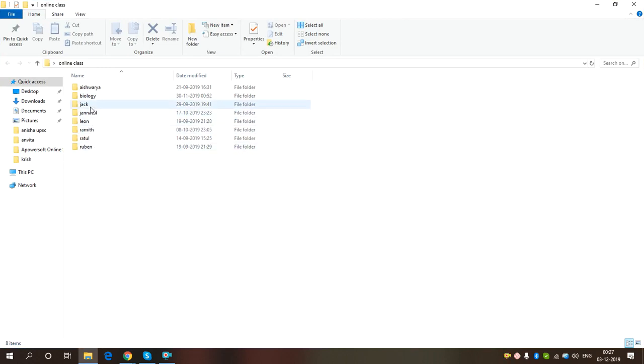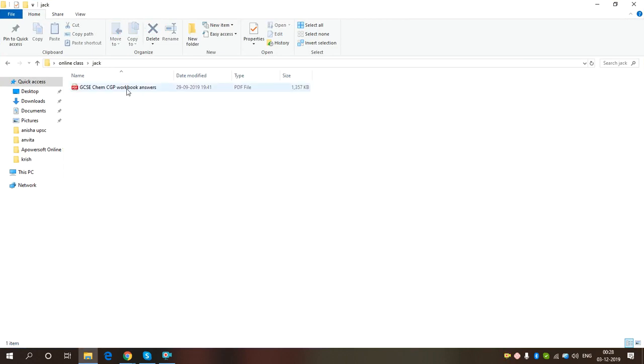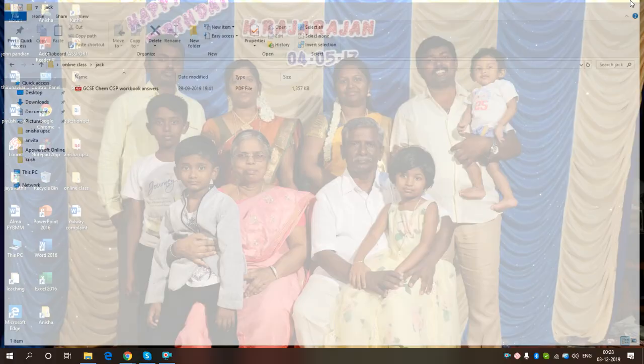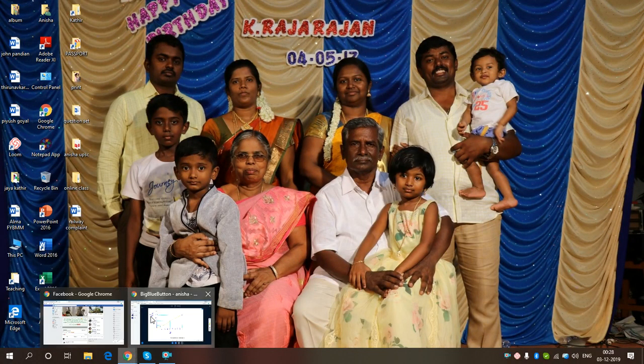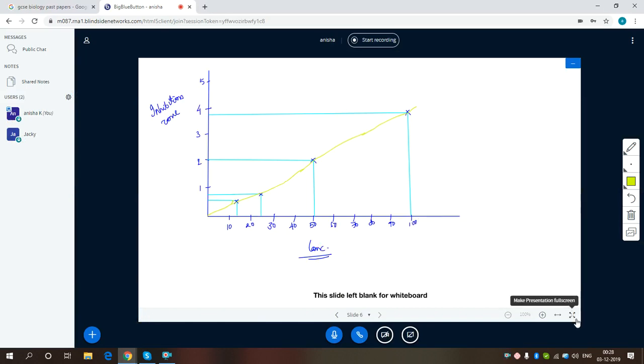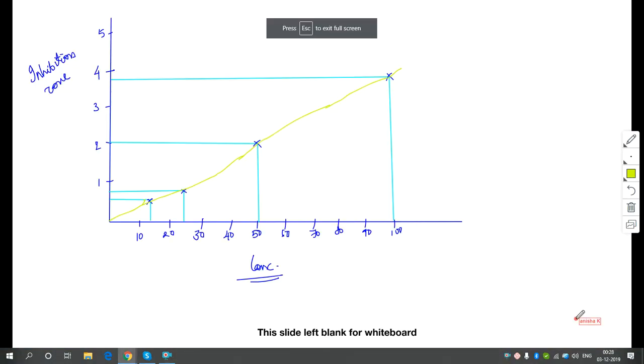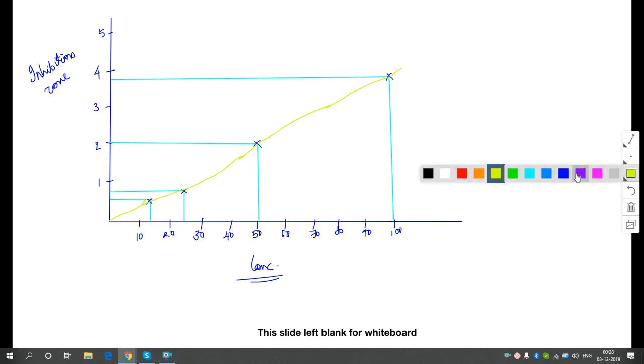You understood how we have got that? Next one, use a graph to estimate the area of inhibition zone produced by a solution of this antiseptic with a concentration of 80%. So let's draw the approximate value we might get, okay?